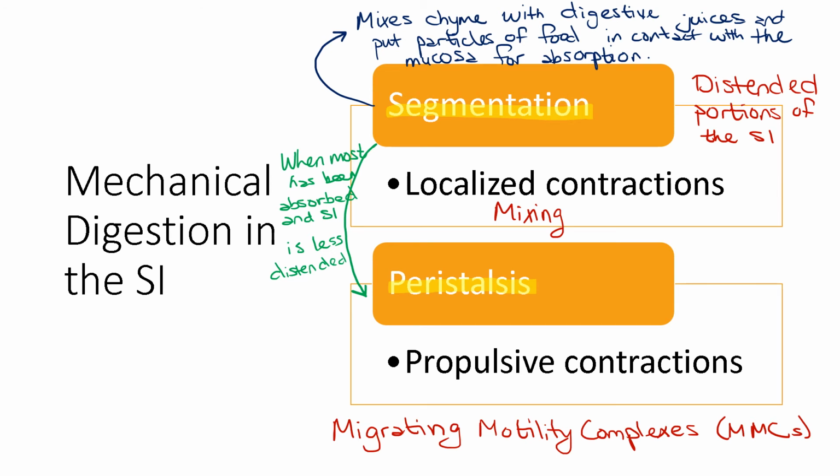So the MMC will very slowly migrate down the small intestine, really only reaching the end of the ileum in about 90 to 120 minutes. This is to cover the whole length of the small intestine.